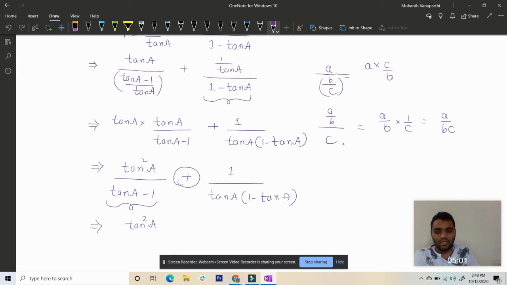So if I do that, I will get tan square A divided by tan A minus 1, and I am replacing the sign positive with negative. After that, I am making 1 minus tan A into tan A minus 1, in order to make the denominators of the first and second terms look similar.